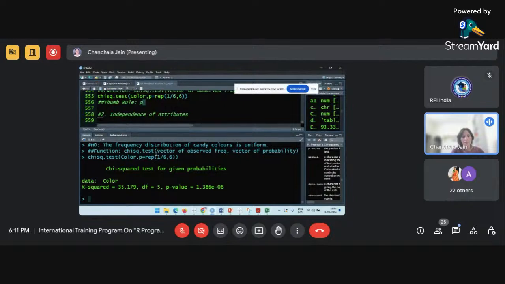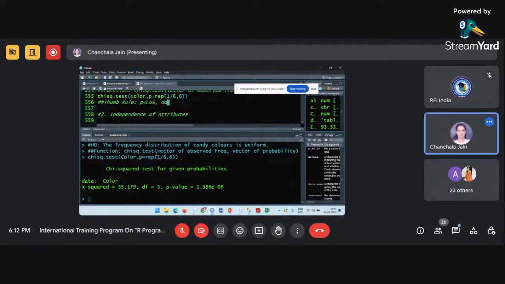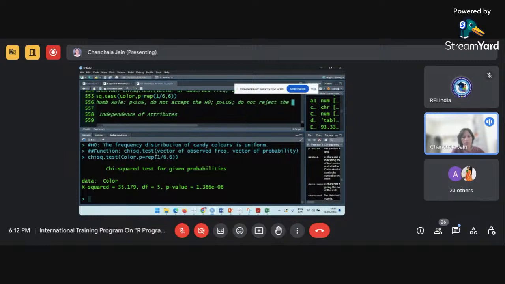The thumb rule says if p is less than or equal to your level of significance, we reject the null hypothesis. And vice versa, if p is greater than our level of significance, we do not reject the null hypothesis.